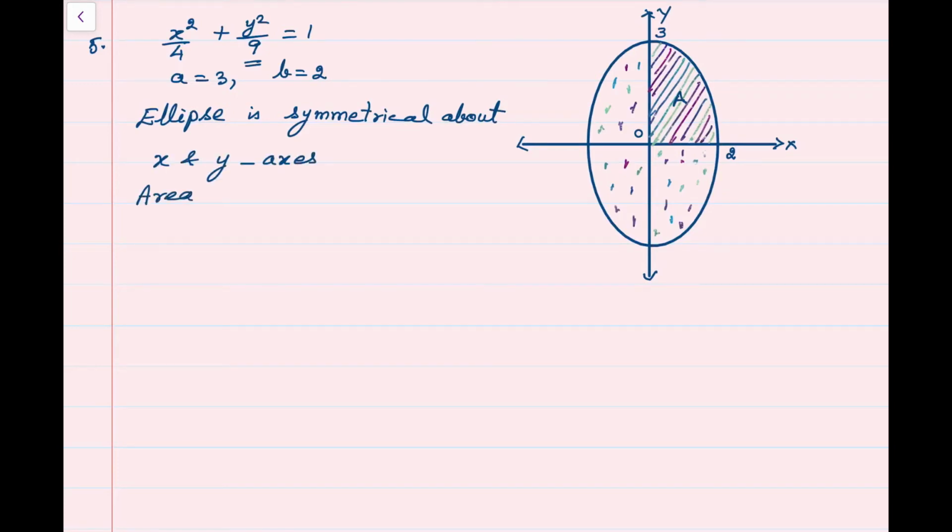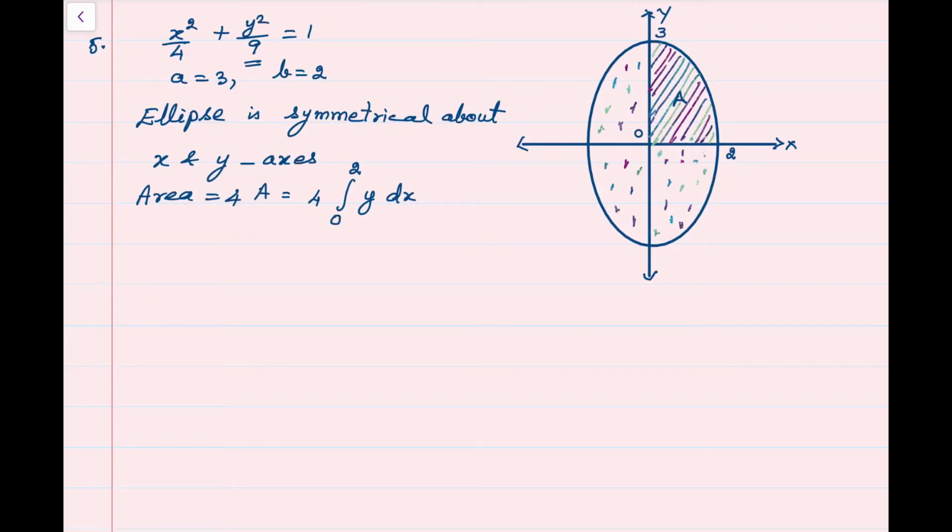Therefore, area will be 4 times a. I am doing the integration with respect to x axis. Therefore, y dx is the formula. And we have to write x is equal to 0 and x is equal to 2 limits. If you do with respect to y, the limits will be 0 to 3.